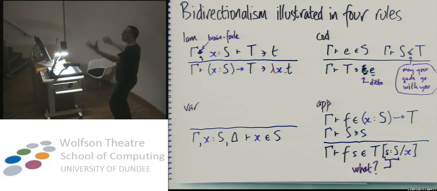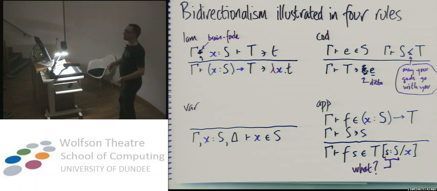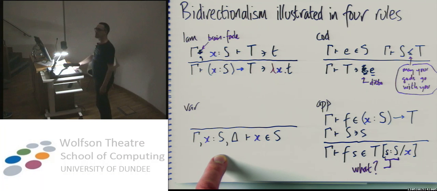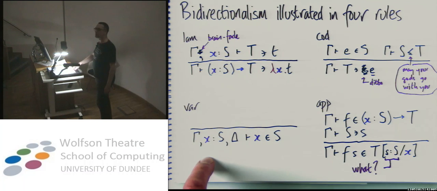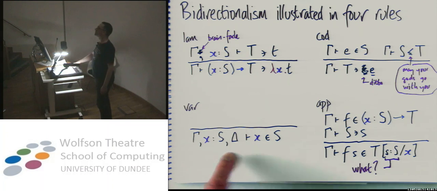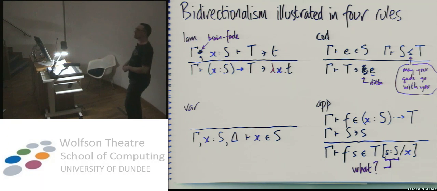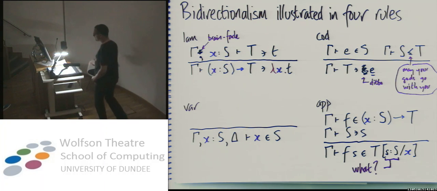Okay, so now we're playing the other game. We've got a bunch of things in the context, and they all have types. So we can certainly synthesize the types for those things, because the context says what types they have. And then we can use those types as the menu for how to exploit those assumptions that we possess. You know, what eliminations are possible.